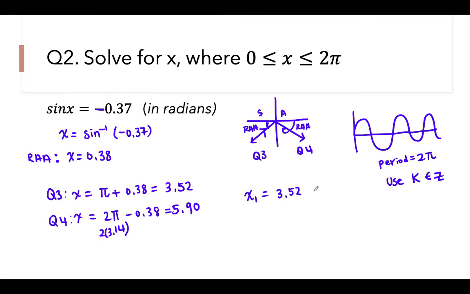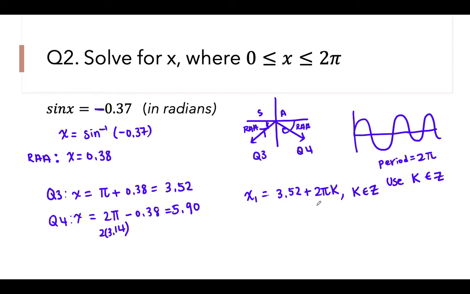So therefore 3.52 plus 2 pi K, and K could be any integer, because this negative 0.37 is going to happen again after 1 cycle, 2 cycles, 3 cycles, and so on.